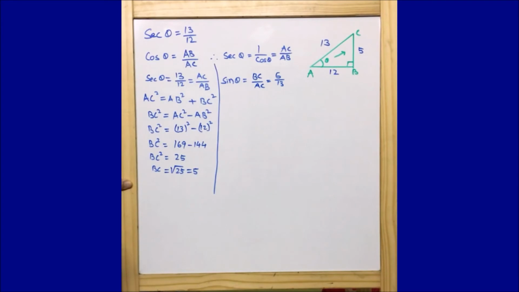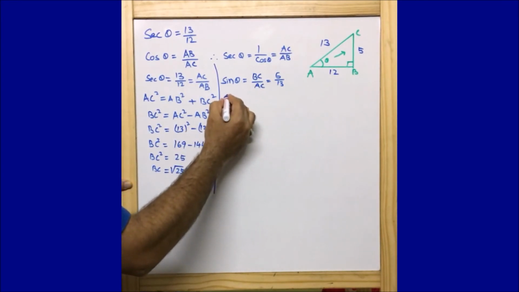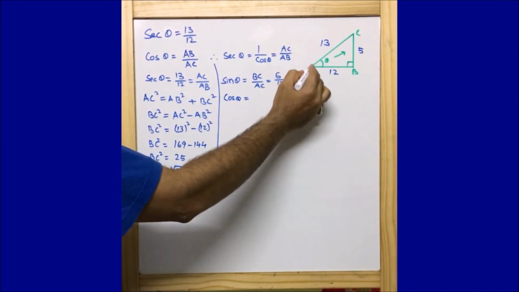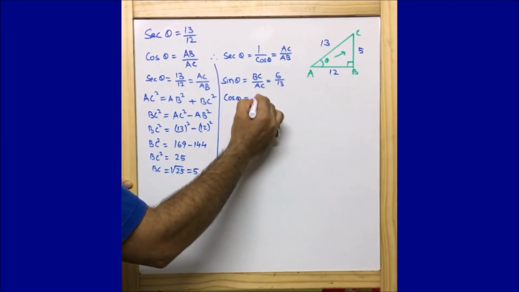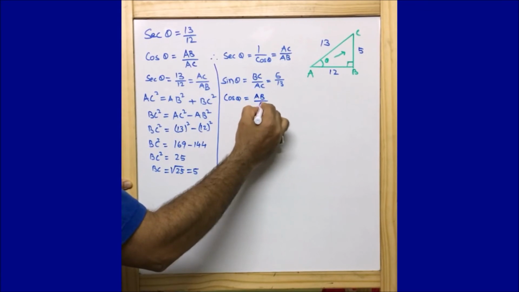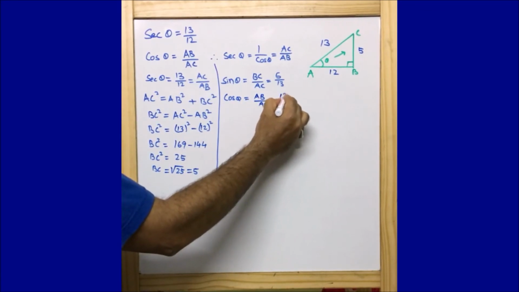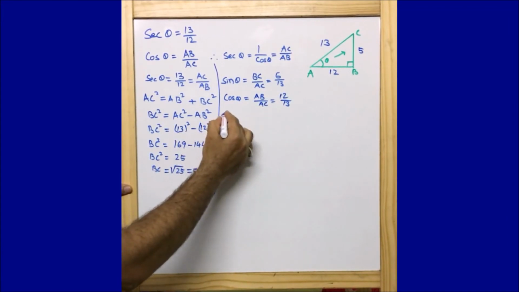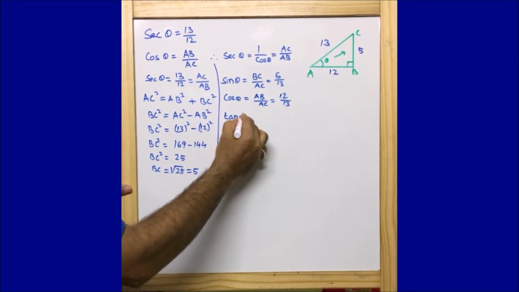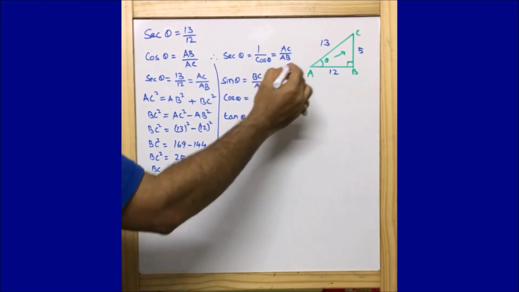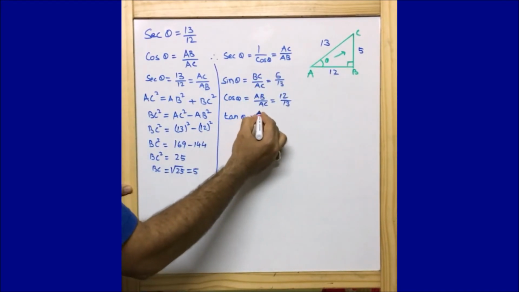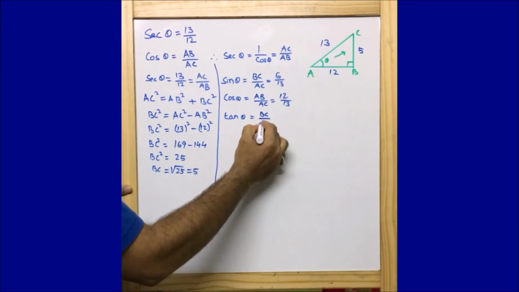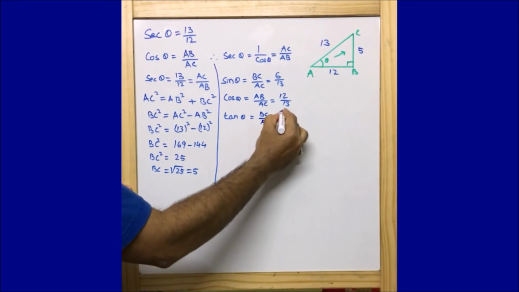Now cos theta is the side adjacent to angle theta, that means AB, by the hypotenuse AC, so I can write 12 by 13. Now tan theta is the side opposite to angle theta, that is BC, by the adjacent side AB, that is equal to 5 by 12.